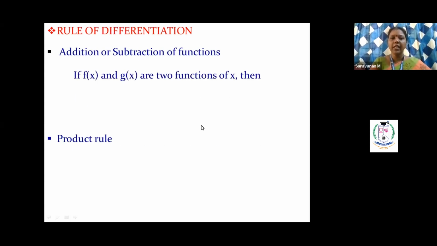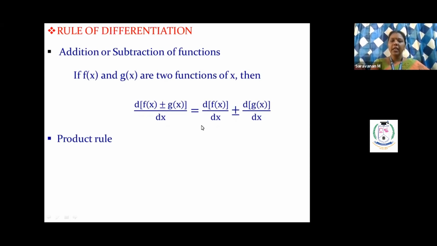If f of x and g of x are two functions of x, then d by dx of f of x plus g of x can be written as d by dx of f of x plus d by dx of g of x. And d by dx of f of x minus g of x can be written as d by dx of f of x minus d by dx of g of x.